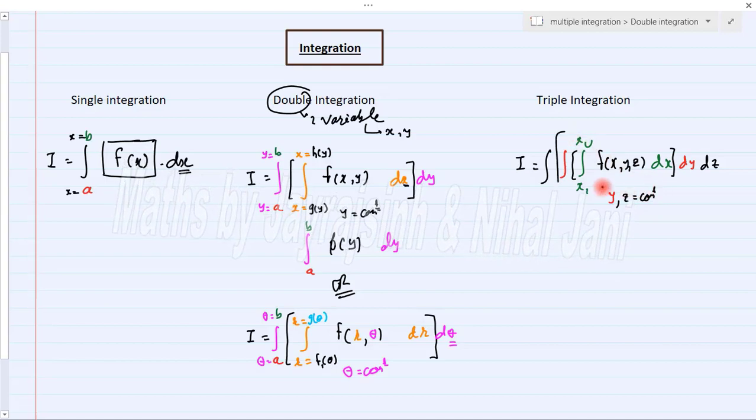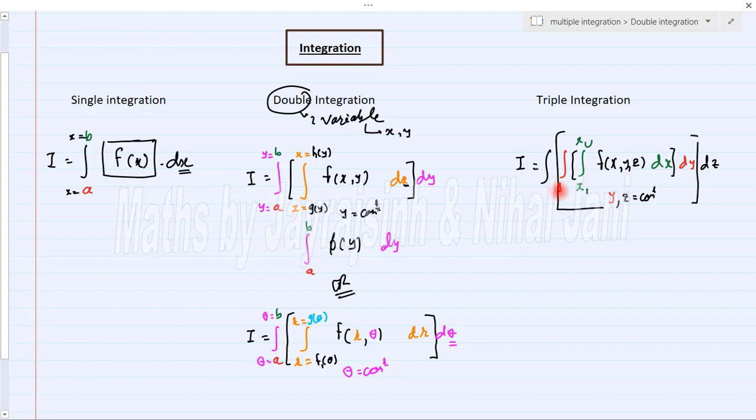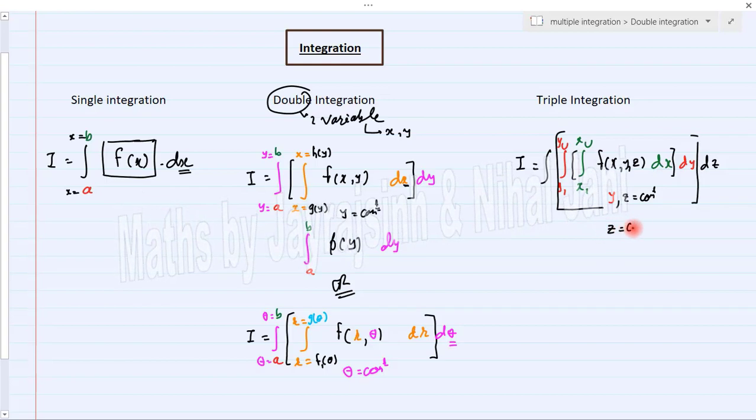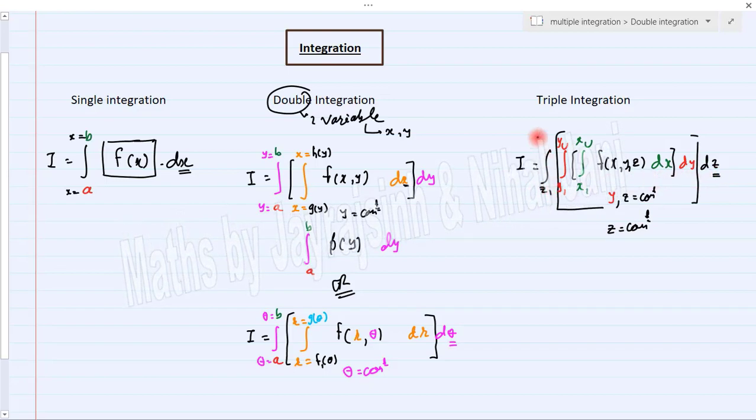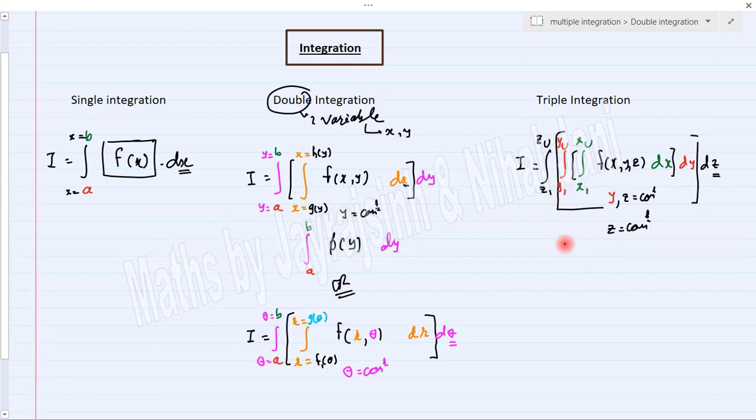Then we will move to the second layer of the integration, where we substitute the lower and upper limits of y, and during this integration we will take z as a constant, and finally we will integrate with respect to z and substitute the lower as well as upper limit of z. So we can say this is the basic knowledge of how we have to see integration. So let's try to solve some examples.